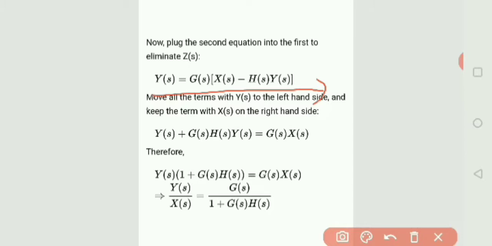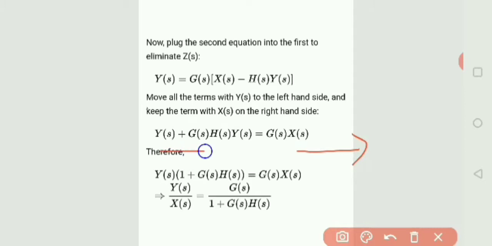Move all the terms with Y(s) to the left hand side and keep the terms of X(s) on the right hand side. We get Y(s) plus G(s) into H(s) into Y(s) equals G(s) into X(s).